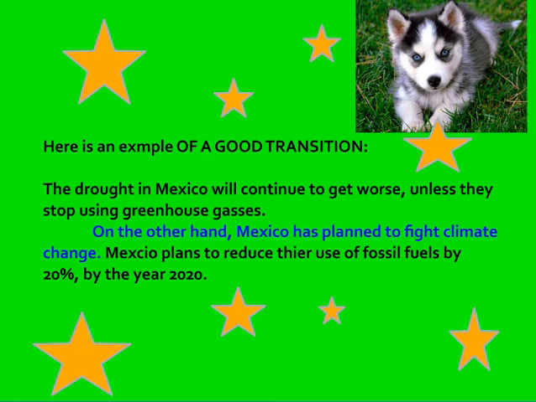So the drought in Mexico will continue to get worse unless they stop using greenhouse gases. On the other hand, Mexico has planned to fight climate change. Right there, before I introduce this piece, this claim that I'm going to have for my next paragraph, I'm changing from one idea, on the other hand, and changing to talk about how Mexico has a plan to fight climate change.